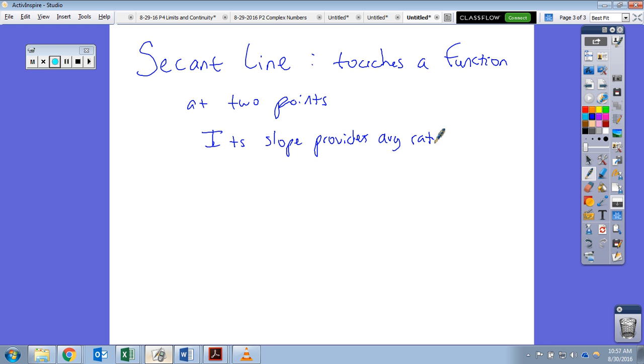Can it be between any 2 points of a function? Yep, that would be called a secant line. Of course, your average rate of change is going to vary depending on which 2 points you pick. That's the secant line. And then we have the tangent line.